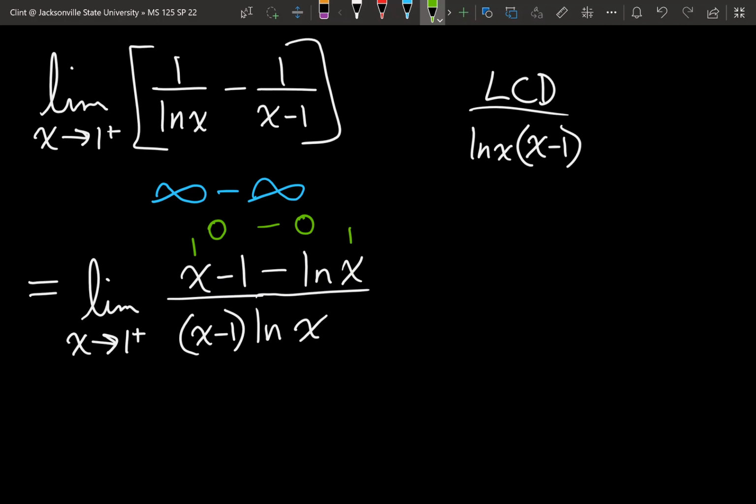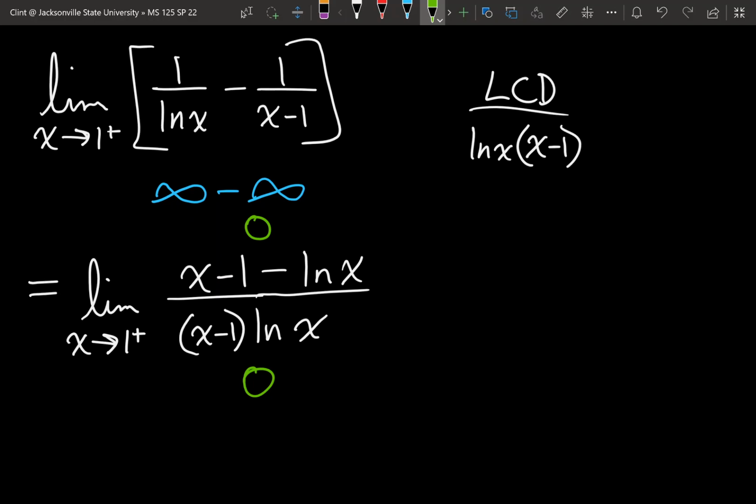So that's 0 on the top. The bottom's a little bit easier. If we try to plug in 1, we get 0 times ln of x, whatever. We don't even care what that is. It's going to be 0. So now, what can we do? Use L'Hopital's rule.